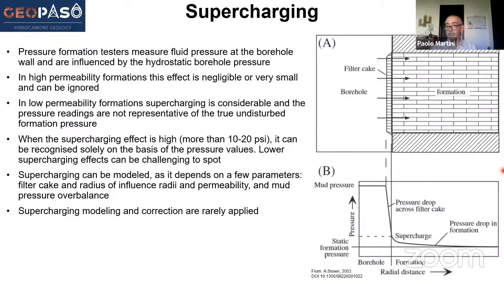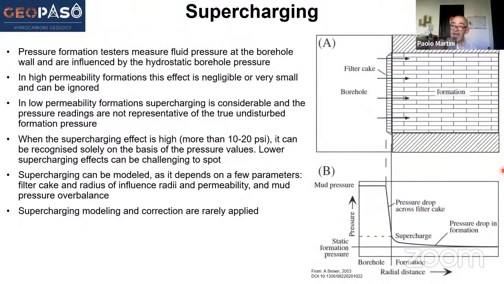In low permeability formation, instead, it can be a problem because the pressure dissipation takes a lot of time and space to occur. So when you go and use your formation tester, you measure something that is not really representative of the undisturbed formation pressure.